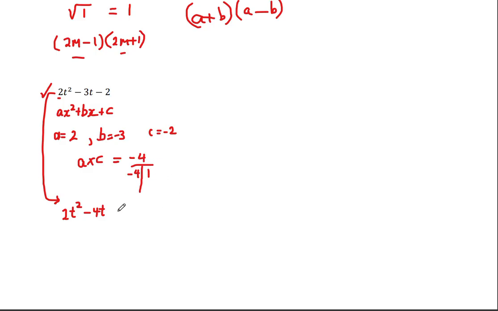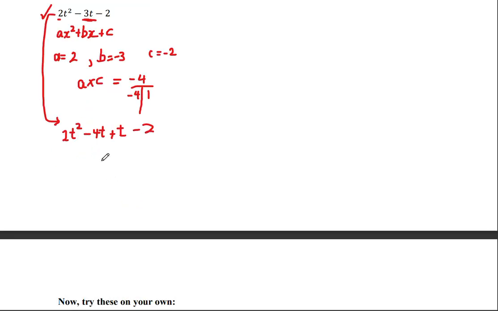And minus 1t, or rather plus 1t, because the 1 here is positive, plus 1t or just t. Take away 2, because we have to write back the constant as well. So negative 4t plus t, or plus 1t, would give us back the negative 3t here. So that's an important observation to make.